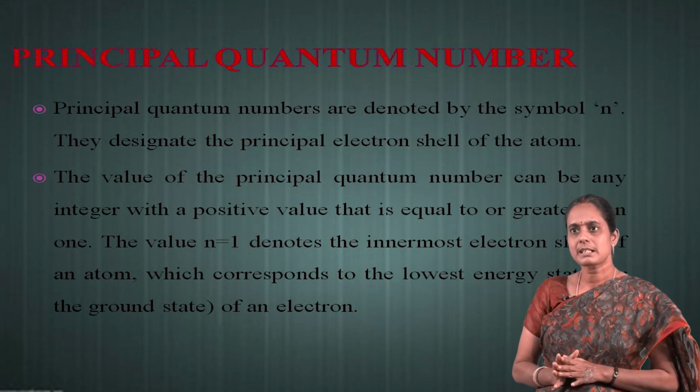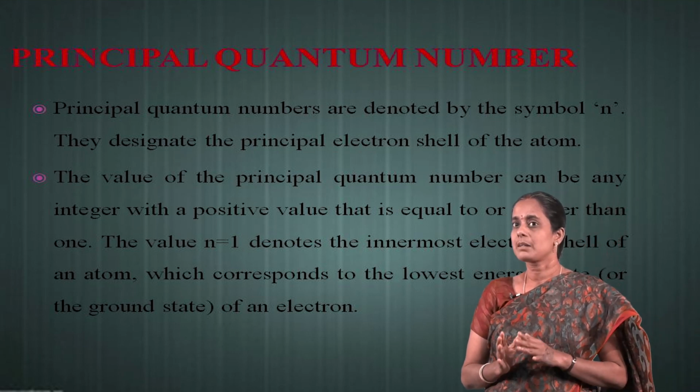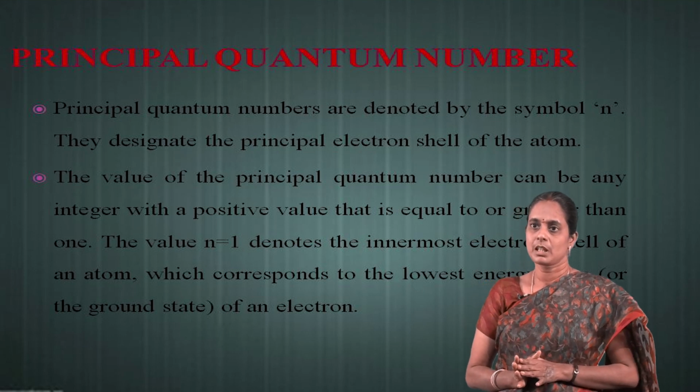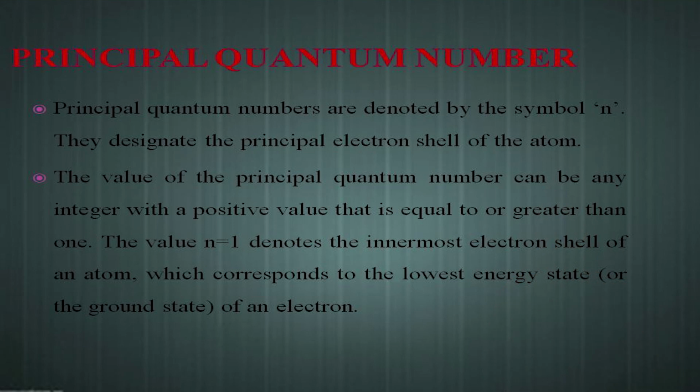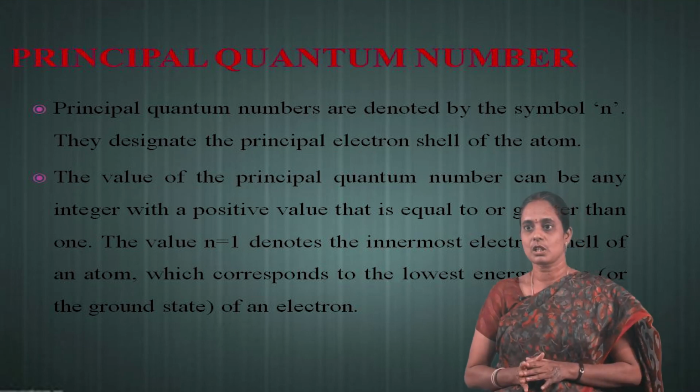The value of principal quantum number can be any positive integer equal to or greater than 1. That is, n equal to 1 denotes the innermost electron shell of an atom, which corresponds to the lowest energy state of the electron.